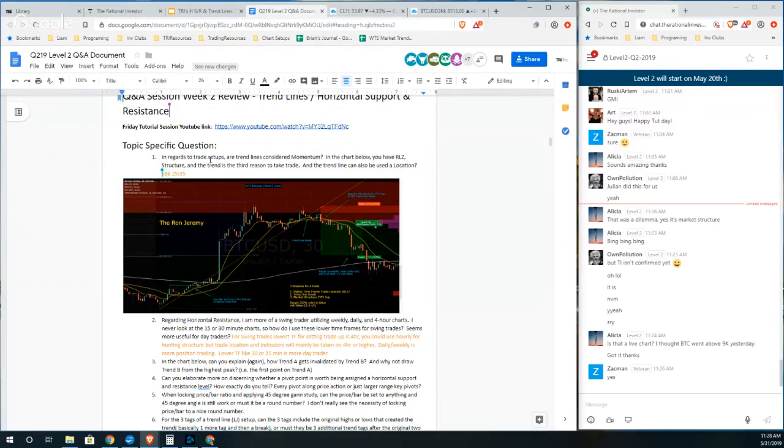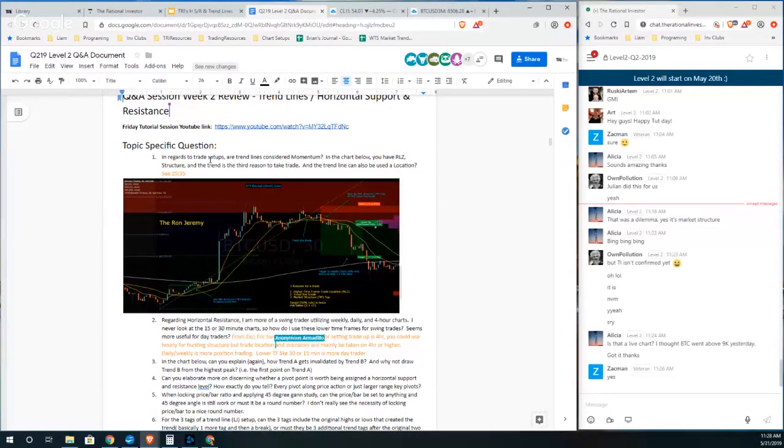And interestingly enough, in this level 2 program, we're going to be really heavy on trade location tools. You could make the argument trend lines, horizontal support and resistance, gaps, volume profile, Gann angles, all of these are trade location tools.